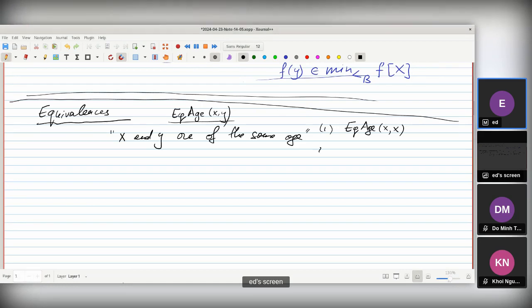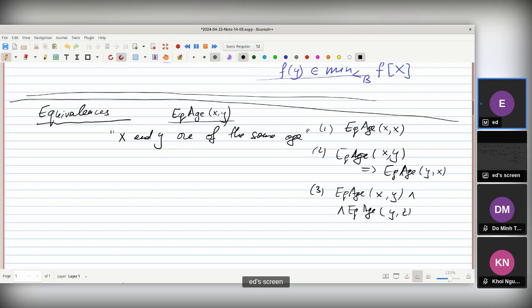Surely. If X is of the same age as Y, then also Y is of the same age as X. If X and Y are of the same age, and Y and Z are of the same age, then most surely X and Z are also of the same age.